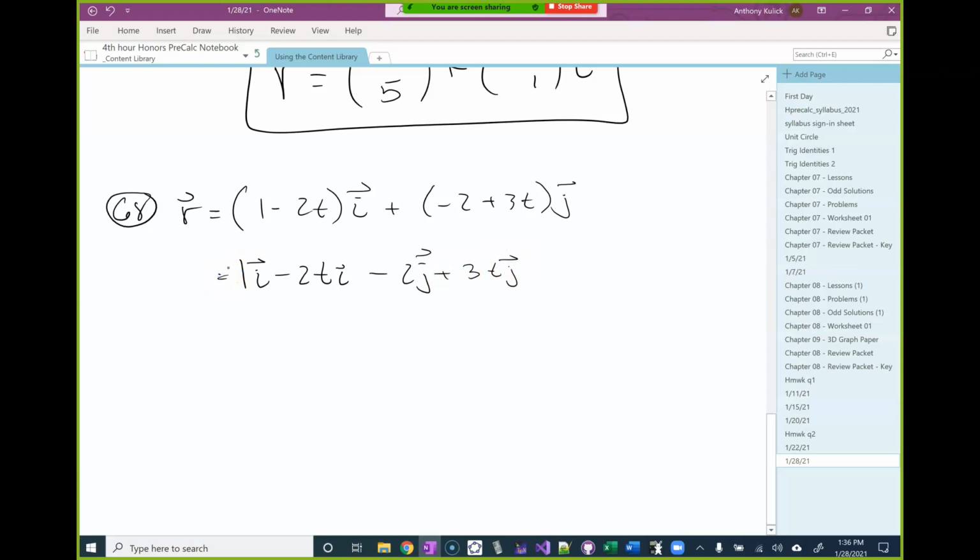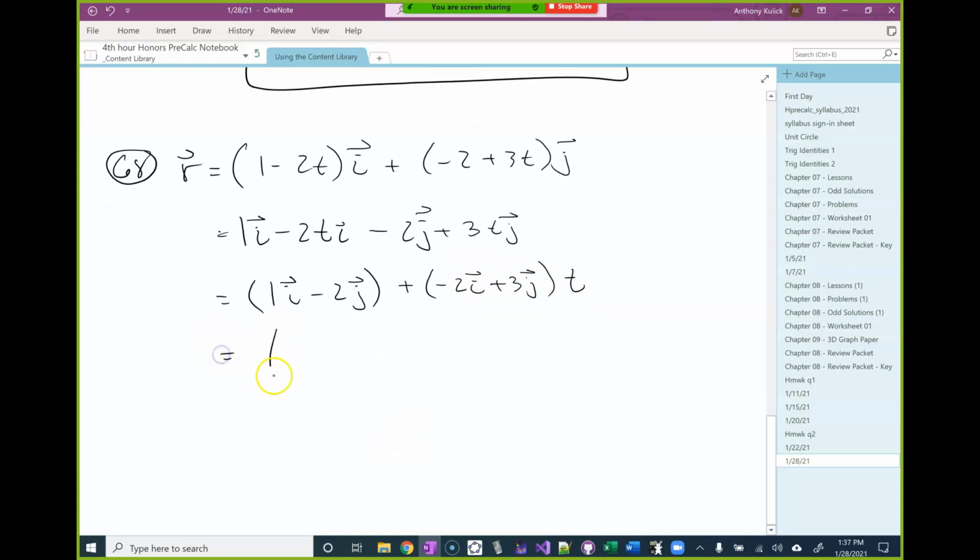So far, so good there. Okay, and then I'm going to just group the things together. So the stuff without the t's is going to go in one group, and the stuff with the t's is going to go in the other group. And that's going to allow me to just write that in our IB component form.